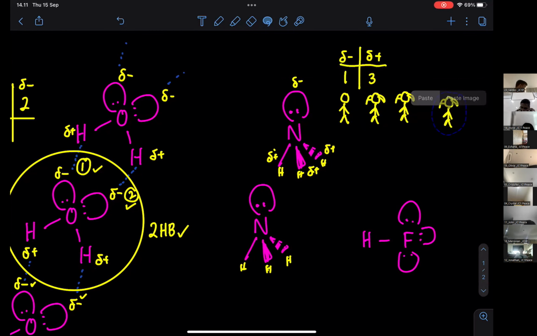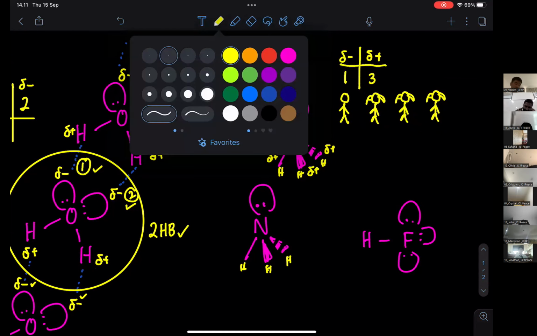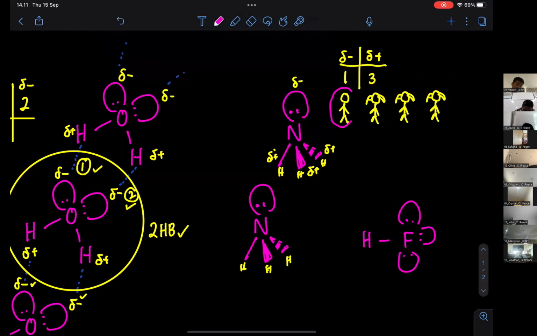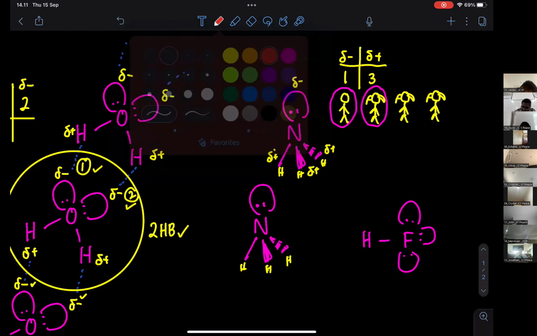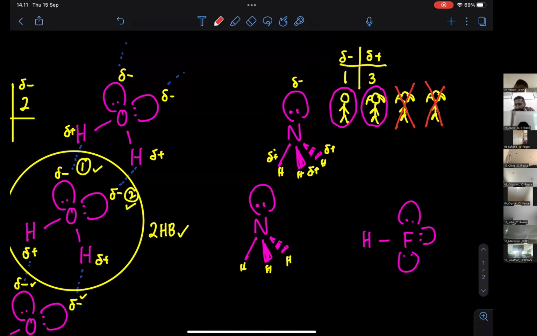So what will happen? Maybe this guy will get coupled up with this girl, and these 2 girls will go to waste. Basically they do not end up getting coupled. It means that only 1 pair.